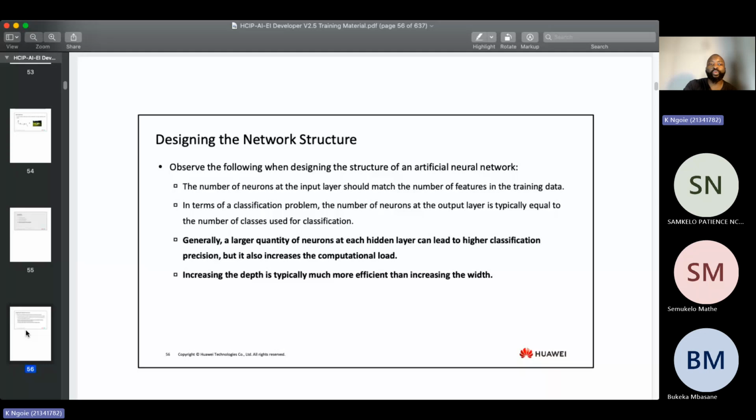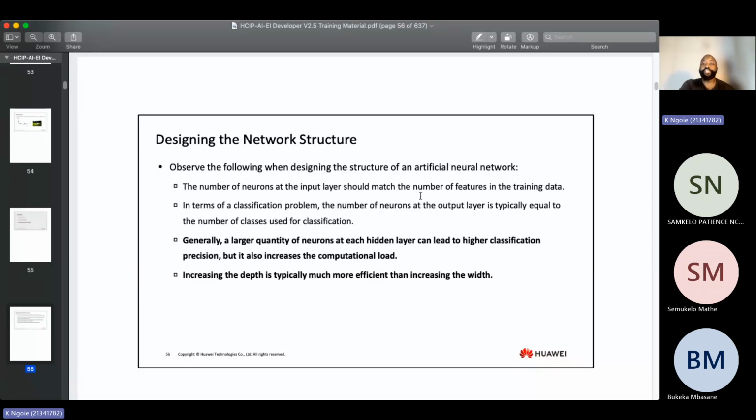Okay, so when we're designing a neural network, what we mentioned yesterday is that the number of neurons in the input layer must be the same as the number of features that we are going to use to train the model.